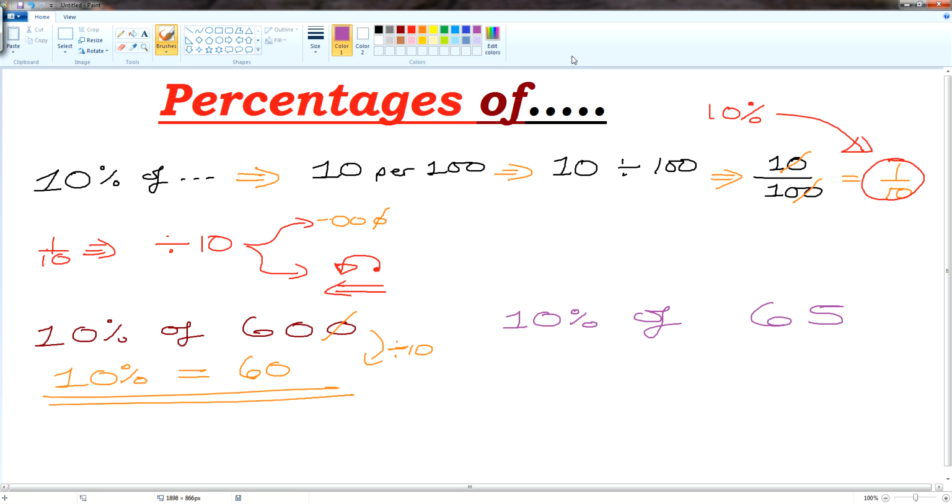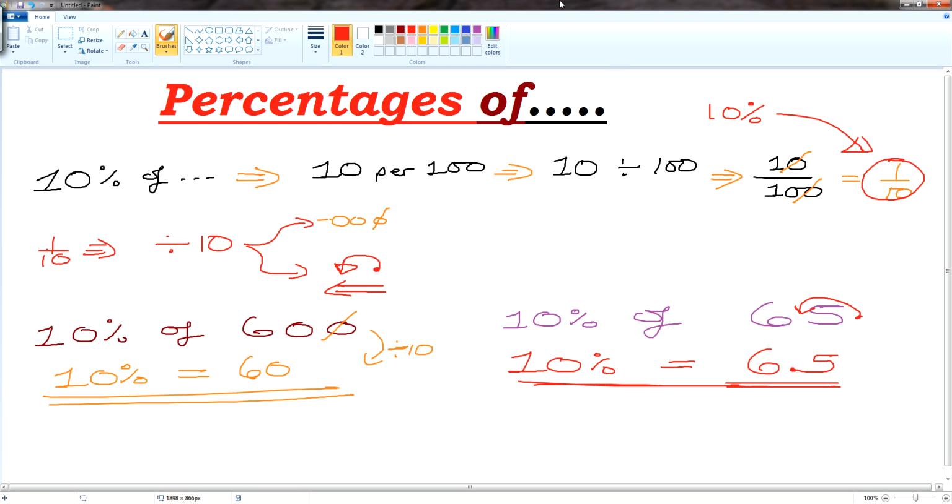So what we do, we have to put in a decimal point at the end of the number and move it back by one place. Is that right? Yes. So what's the final answer then? 6.5. So 10% in this instance would be equal to 6.5.